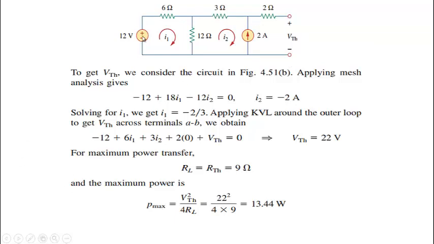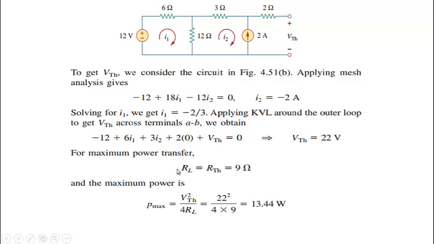So minus 12 plus 6 I1 plus 6 I2 plus 2 into 0 plus VTH, because we are going from plus to minus, is equal to 0. By solving, VTH is equal to 22 volts.